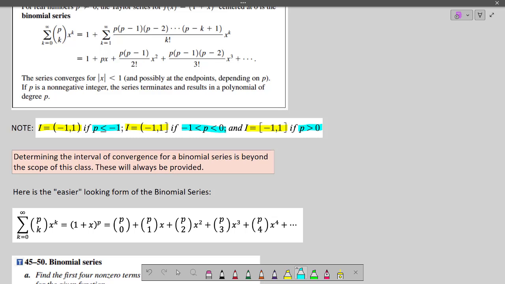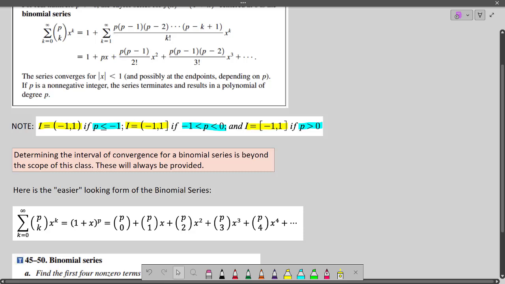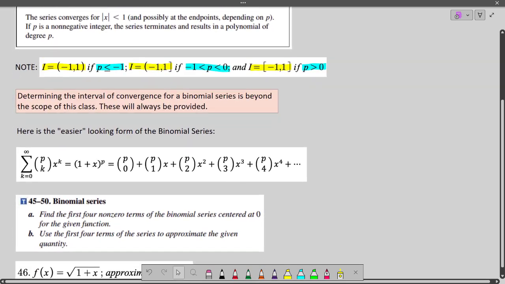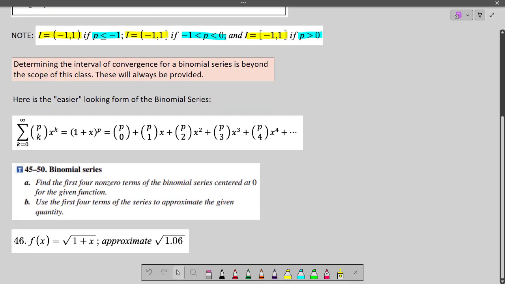We can't do the ratio or the root test on this because we don't have a simple way to simplify this. To do the root test or the ratio test on that would be really, really hard. So we can't do that until you have some other skills. So determining the interval, we're not going to do it. Those are always provided.